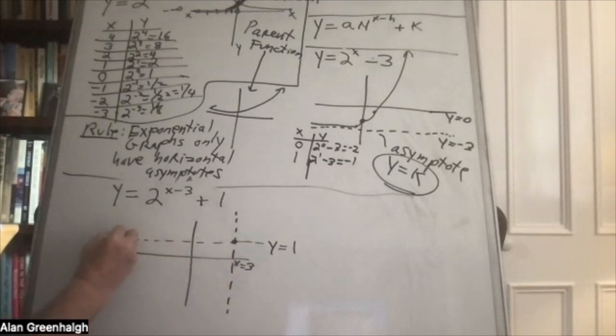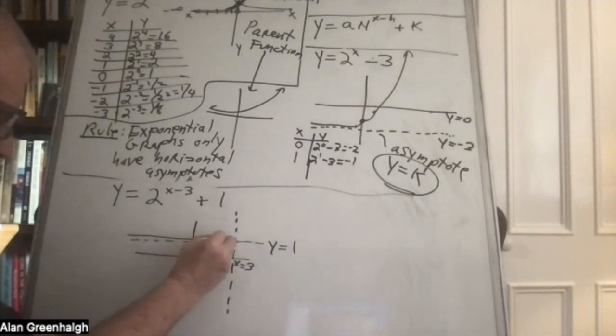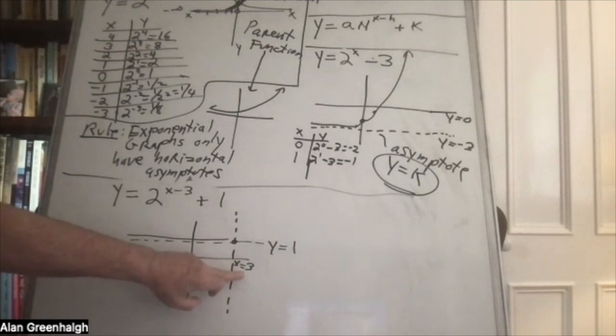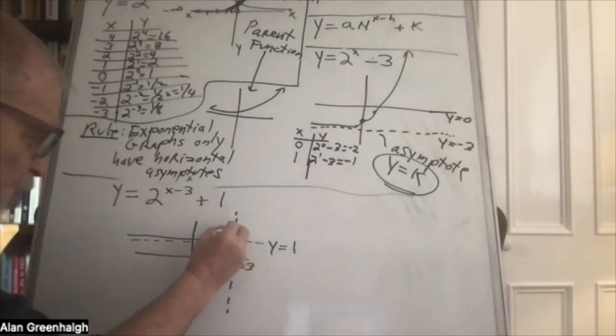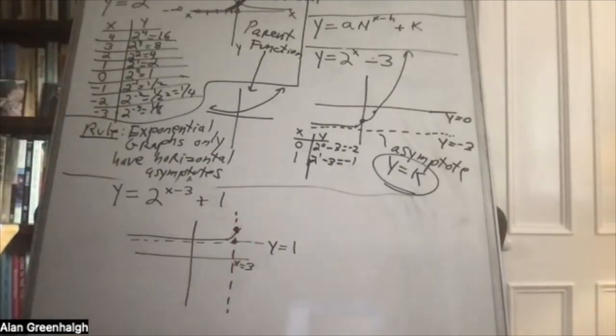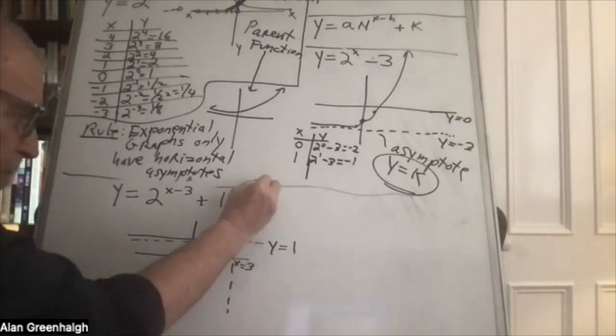So it's actually going to come this way. And then at 3, 3 minus 3 is 0. 2 to the 0 is 1. 1 plus 1 is 2. So this is where it's actually going to cross the y-axis right over there. And then it's going to shoot up like that.